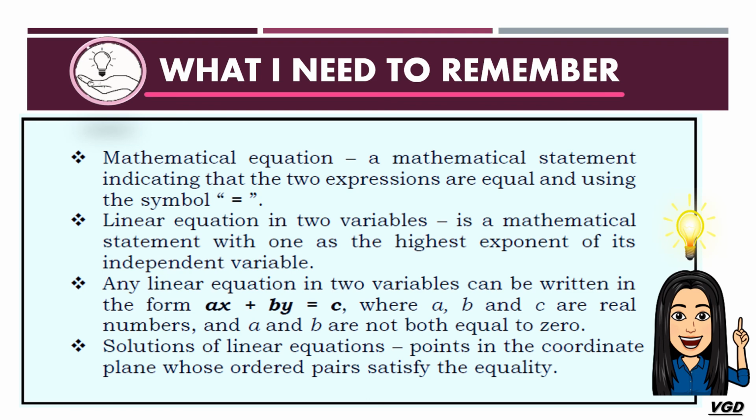So, linear equation in two variables is a mathematical statement with one as the highest exponent of its independent variable. Next, any linear equation in two variables can be written in the form ax plus by equals c, where a, b, and c are real numbers and a and b are not both equal to 0.